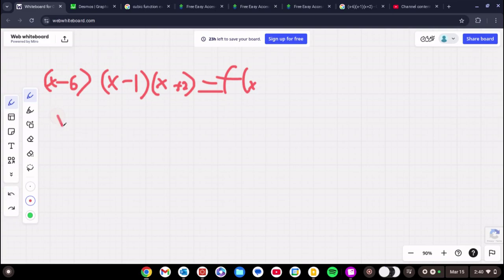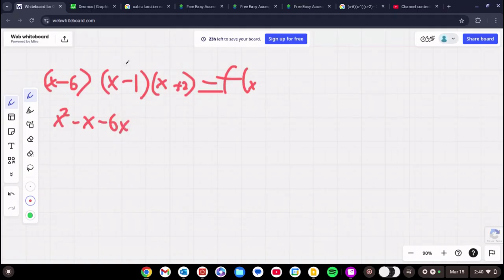So x times x is x squared, and then x times minus 1 is minus x, and then minus 6 times x equals minus 6x.